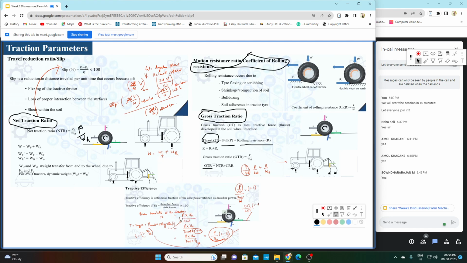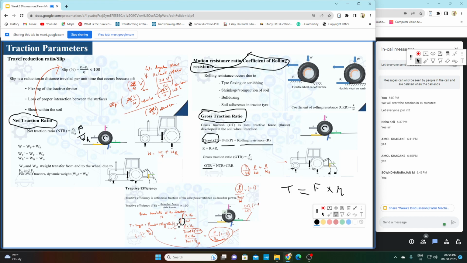Axle power is the torque that is coming on the wheel into omega, where omega is the angular velocity of the wheel, so T into W. Now if I multiply R with this W, I can divide this torque as thrust force into R, because torque is force into radius.